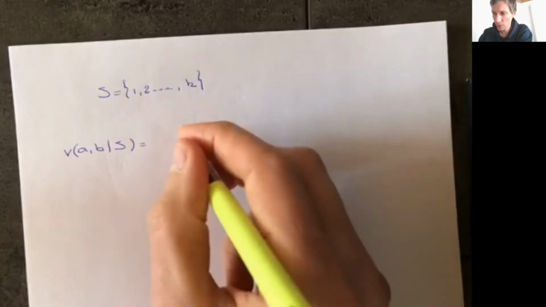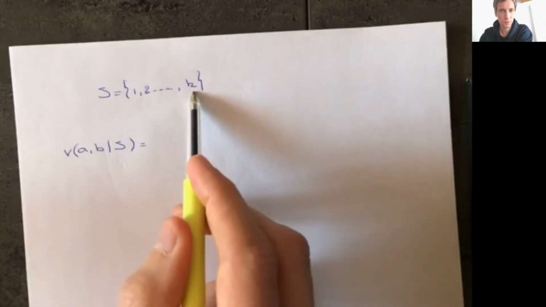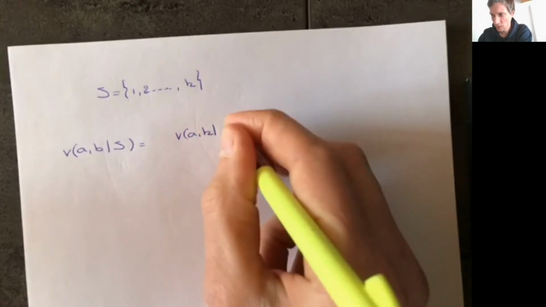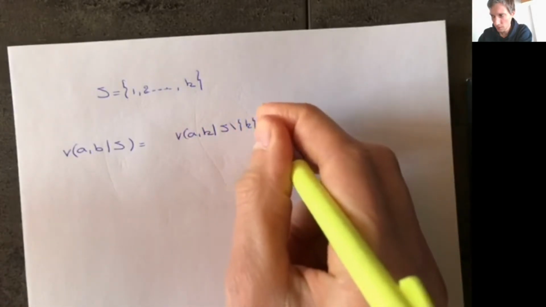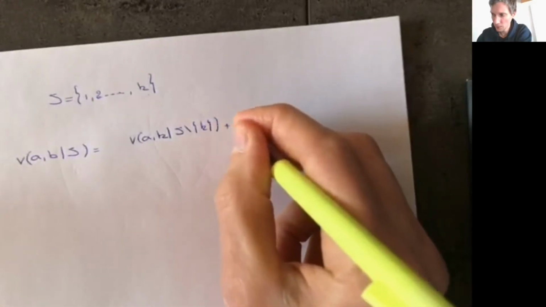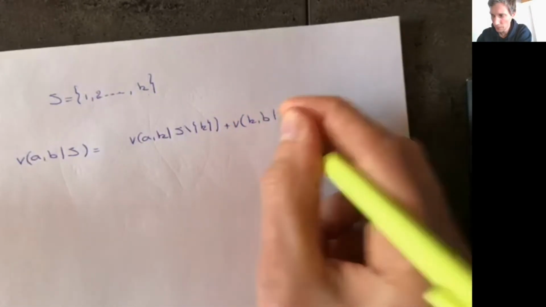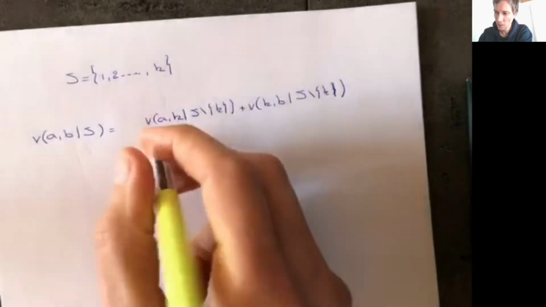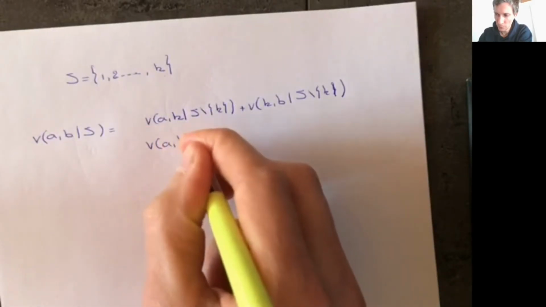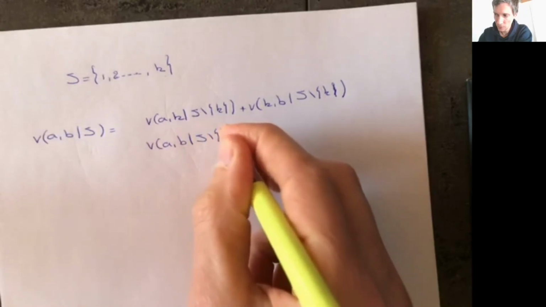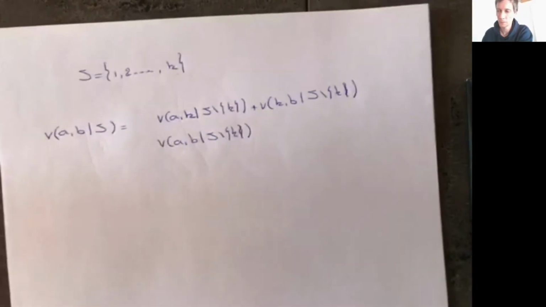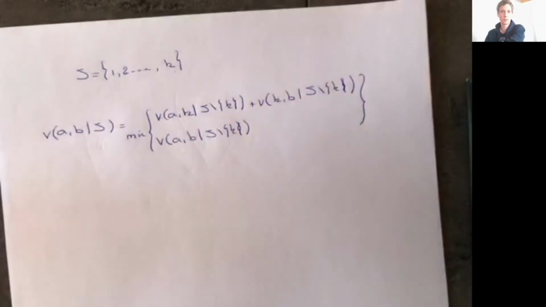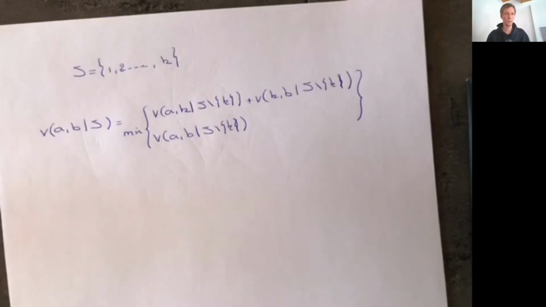It's going to be equal to either, if this path goes through K, well then it's the value going from A to K using the nodes in S minus K, plus the value of going from K to B, again using nodes in S minus K, or it's going to be equal to the value of going from A to B using only nodes in S union K. And of course I'm going to take the minimum of these two.